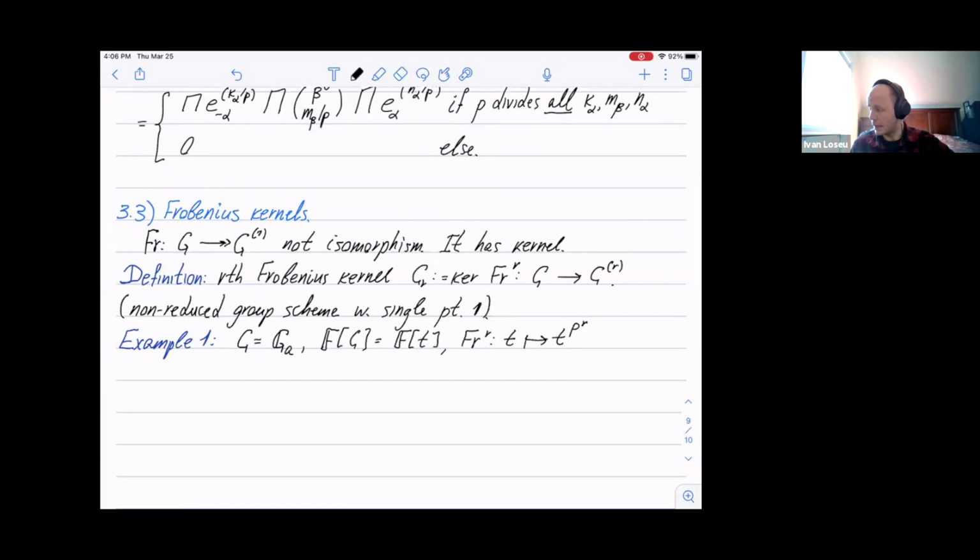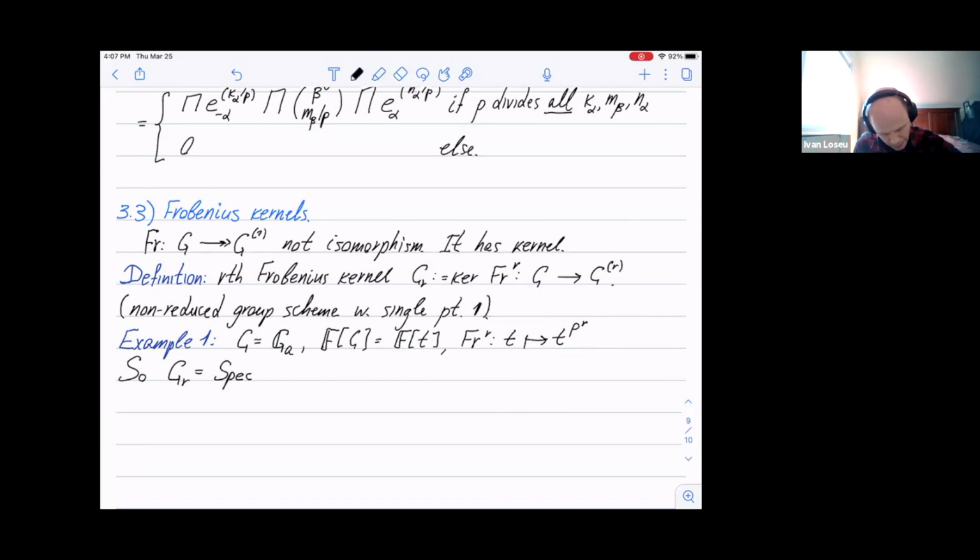And therefore G_r is the spectrum of, well, the preimage of the maximal ideal of 0 under this map. Of course, this preimage is generated by this element.